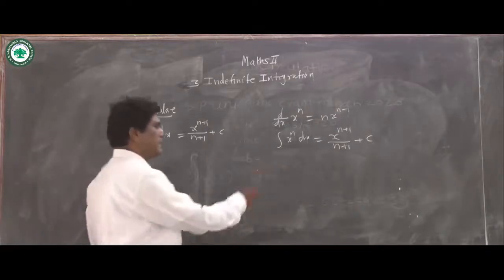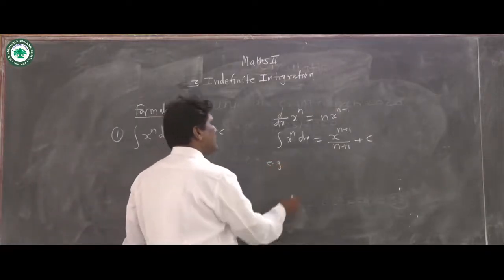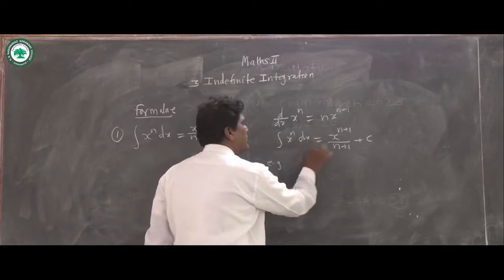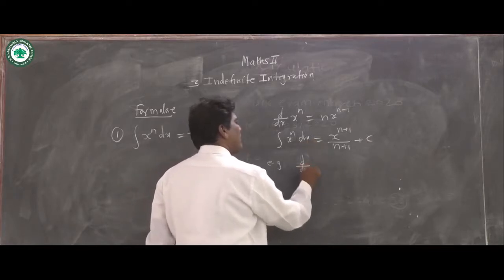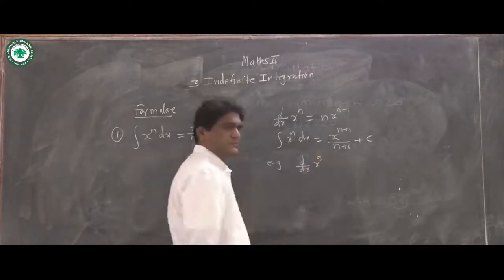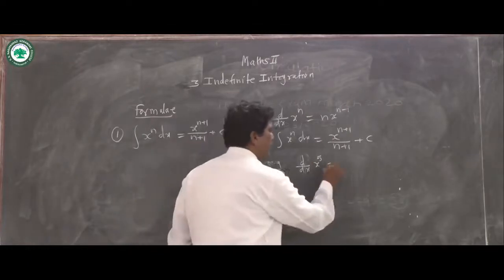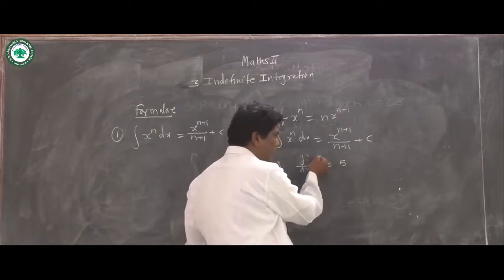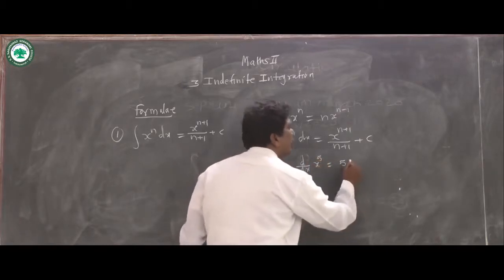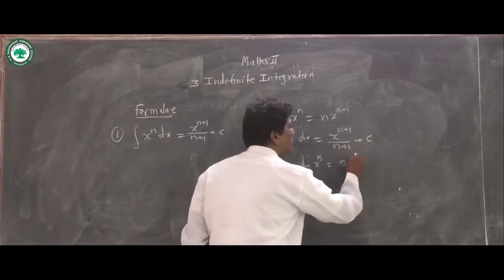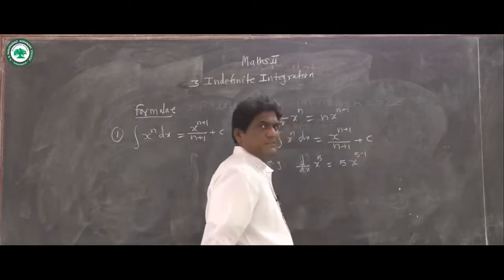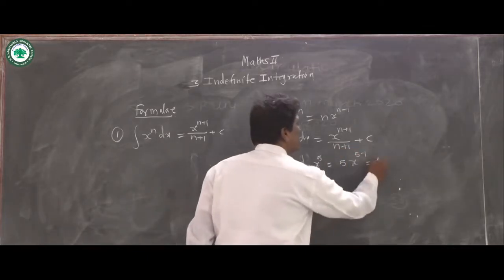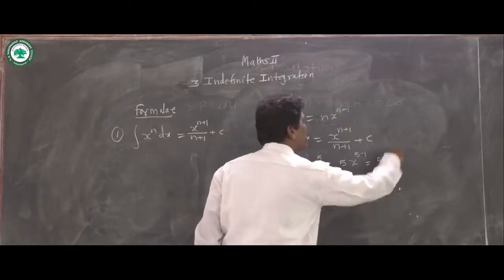For example, d by dx of x to the power 5 is equal to 5 into, we take this 5 as a coefficient, and x to the power 5 minus 1. Get it? So it is equal to 5 into x to the power 4.